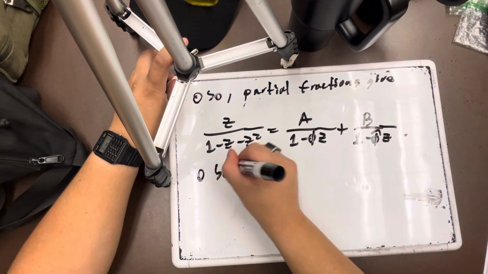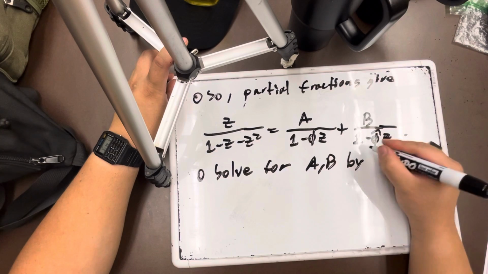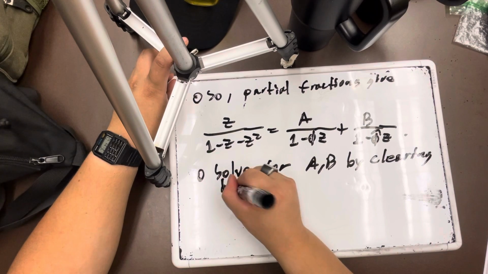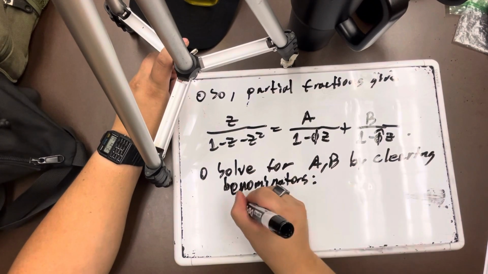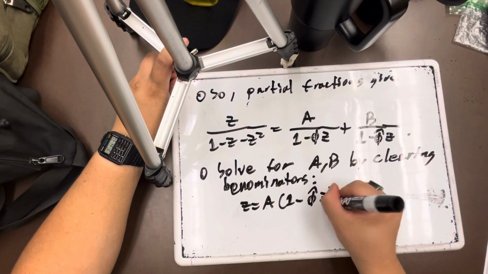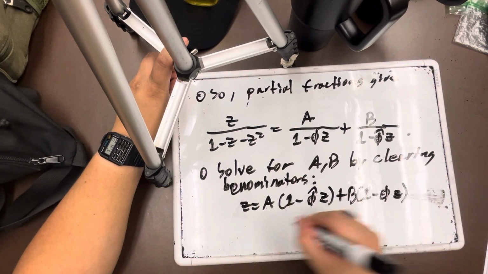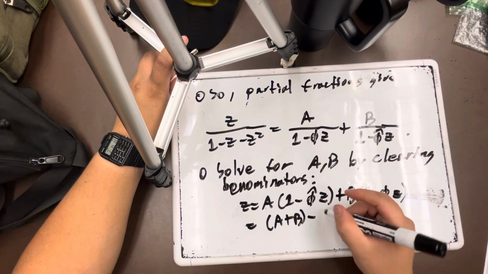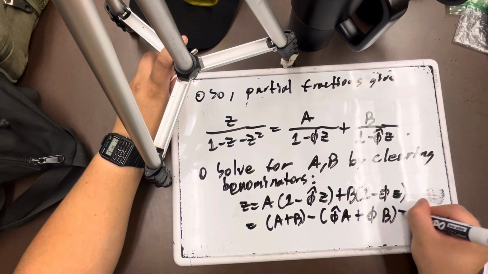And if we solve for a and b by clearing denominators, what we get is the following. We have that z is equal to a times (1 minus phi hat times z) plus b times (1 minus phi times z), which is equal to (a plus b) minus (phi hat times a plus phi times b) times z.